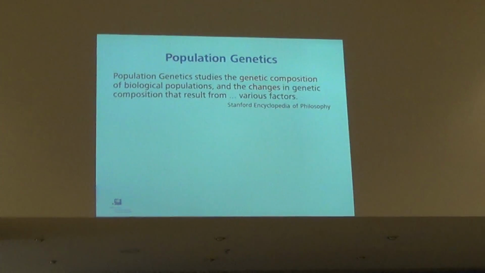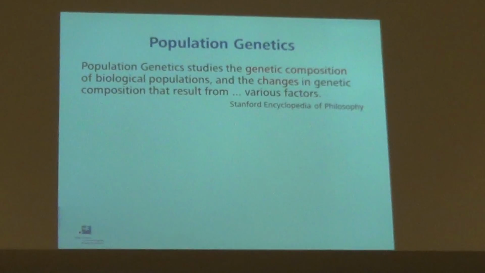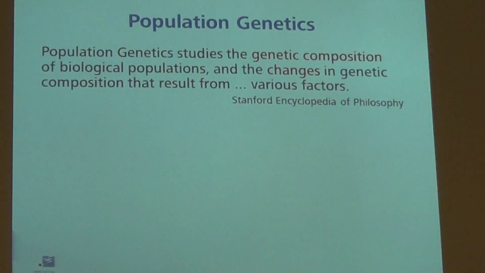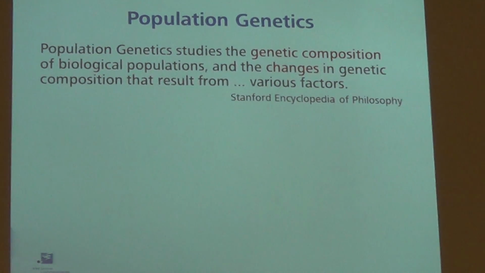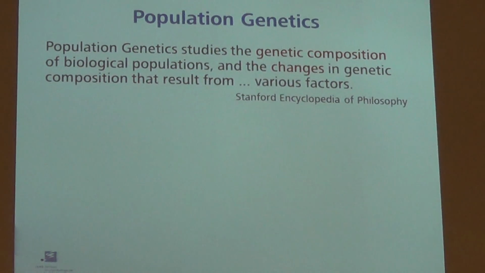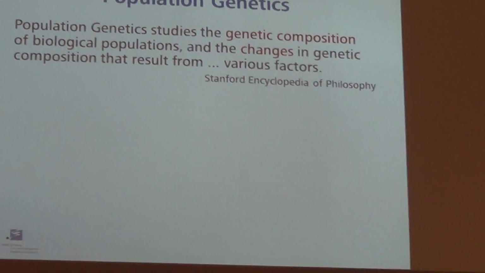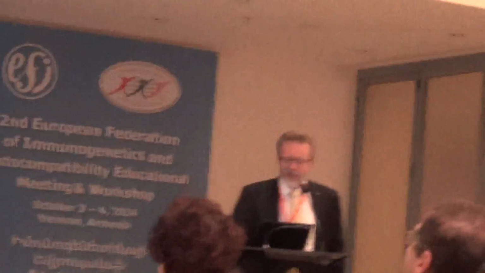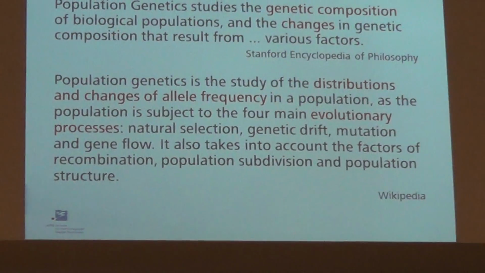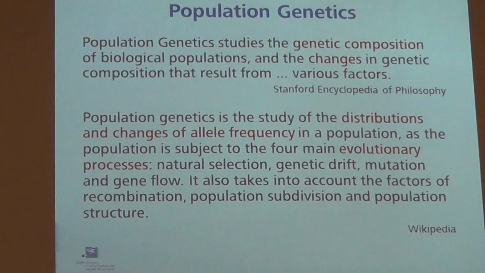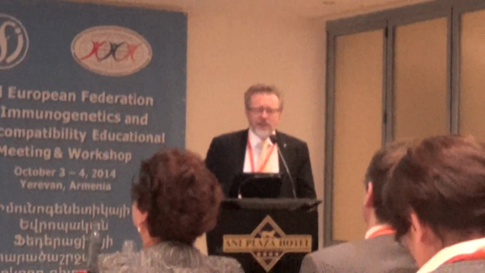For population genetics, I looked up two definitions, one from Stanford and one from Wikipedia. The Stanford one is fairly generous: it's about the genetic composition of biological populations and so on. Whereas Wikipedia's becomes a lot more quantitative, and I almost think it was written by someone from the HLA field.